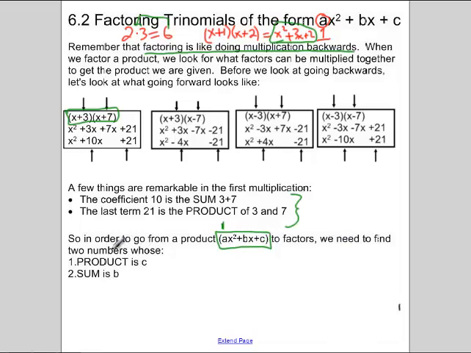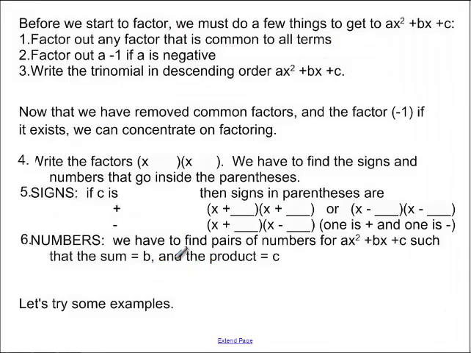When we need to find the factors, we need to find the two numbers whose product is c and whose sum is b, and that will help us find the two factors. Keep in mind that this holds true only when a is equal to 1. So let's do some examples and see what we can find.